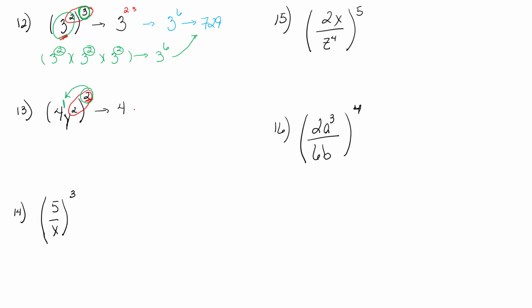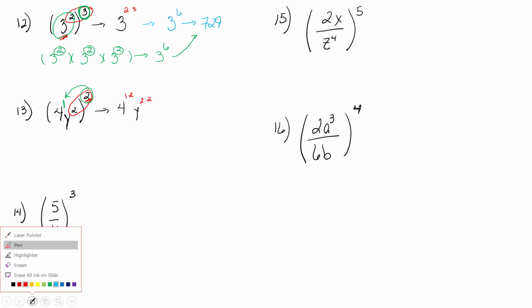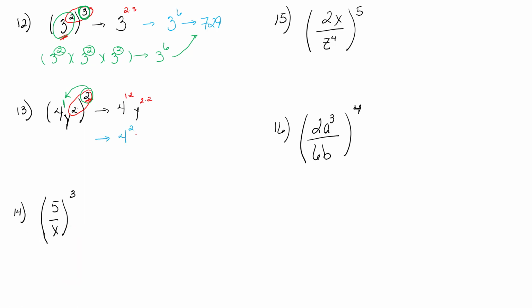One is a 4, one is a y. The power on the 4 is going to be 1 times 2. On the y, it's going to be 2 times 2, which means my final answer is going to be 4 to the second times y to the power of 4.